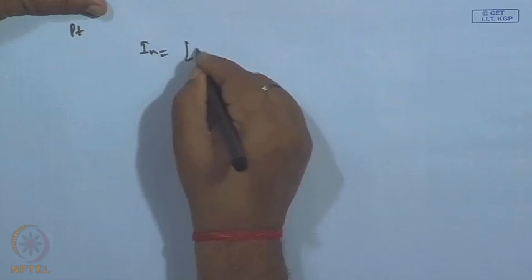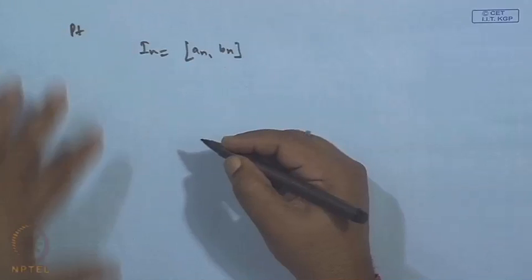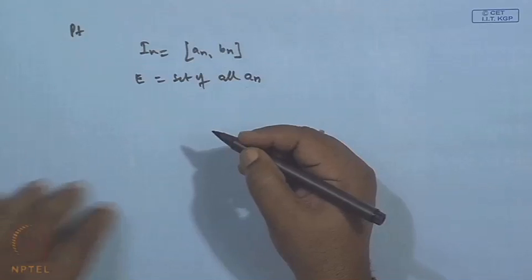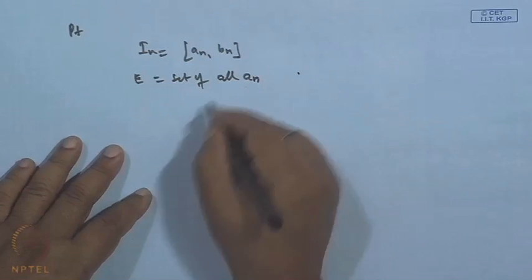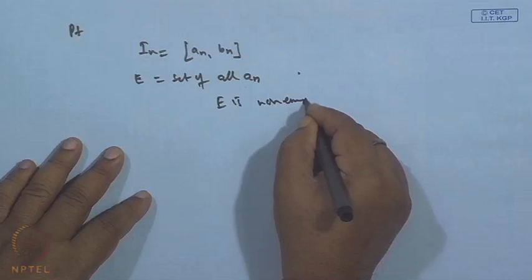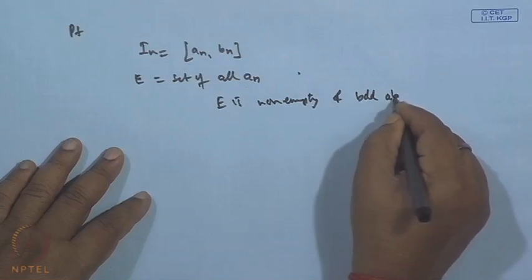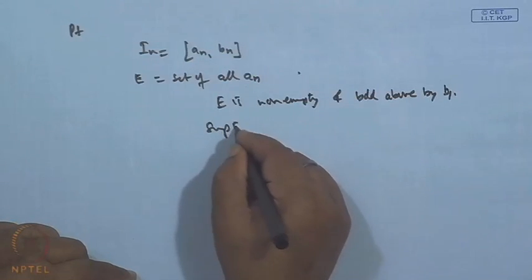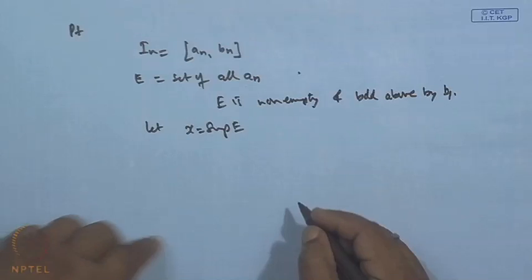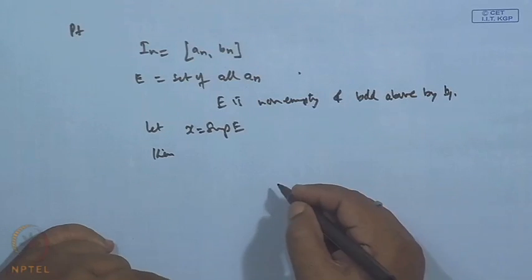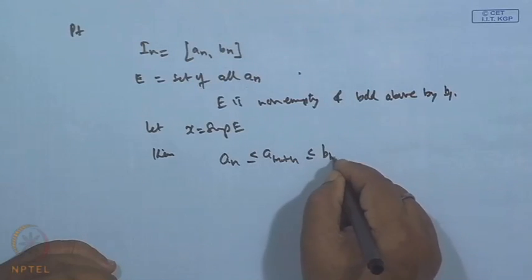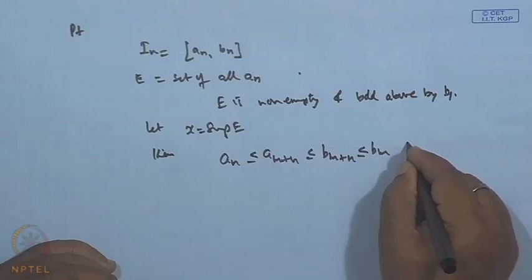The proof is very simple. Suppose I take a n, b n as closed intervals, and let E be the set of all a n's. Then obviously E is non-empty and bounded above by b1, and so let the supremum of E be X. Then clearly a n is less than or equal to a m plus n, which is less than or equal to b m plus n, which is less than or equal to b m.